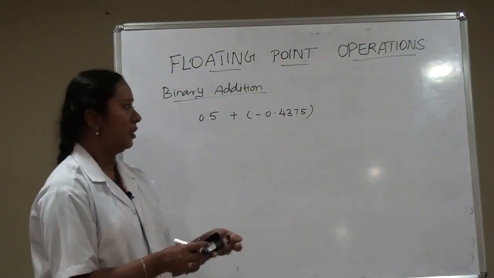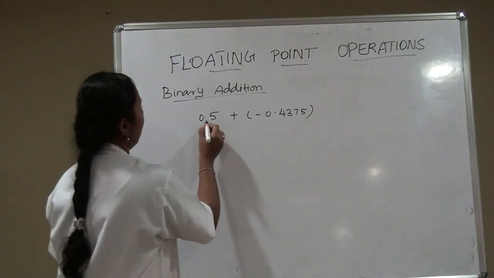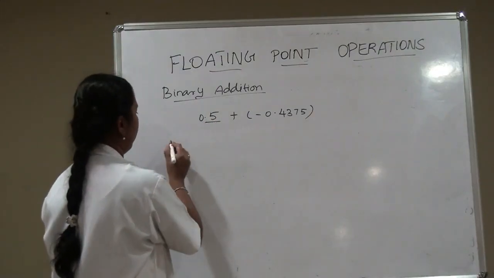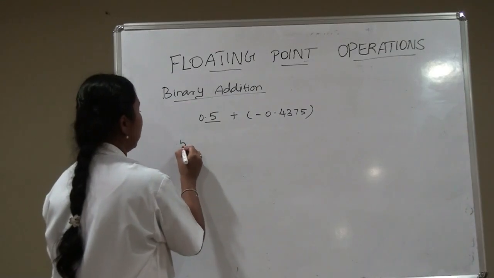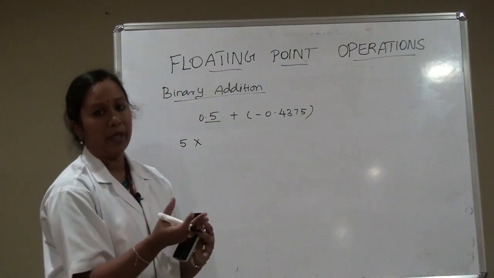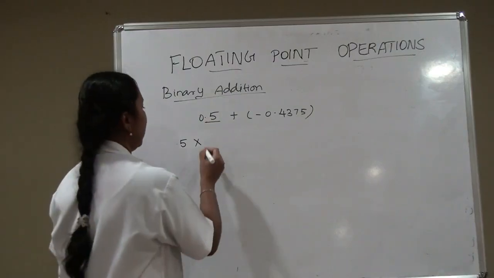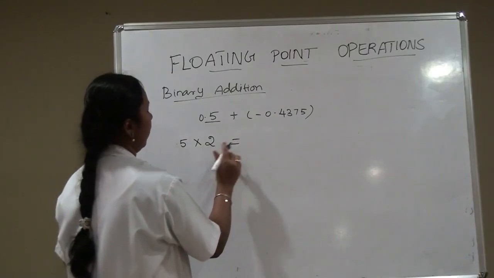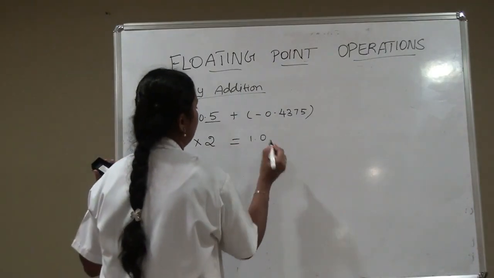How this can be done is, I take only the number placed after the decimal point. That is, I am going to take only 0.5. So in order to represent it in binary, I have to multiply the number by 2. So 0.5 into 2 gives 1.0.